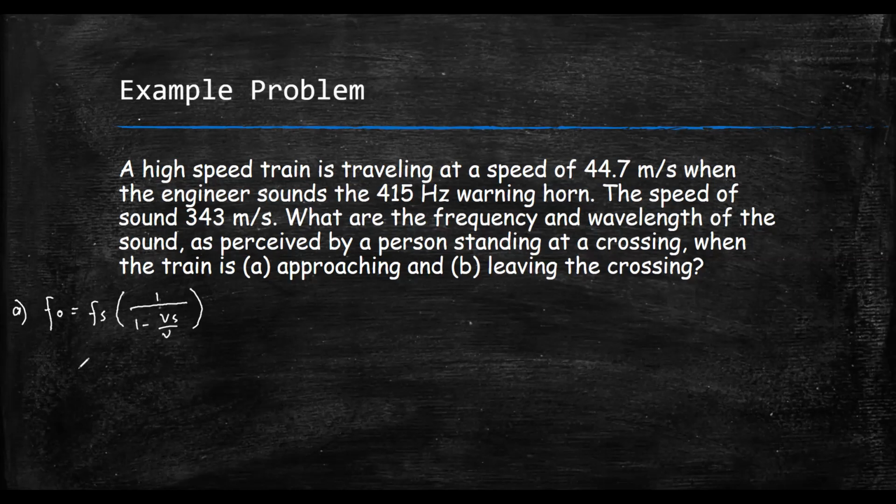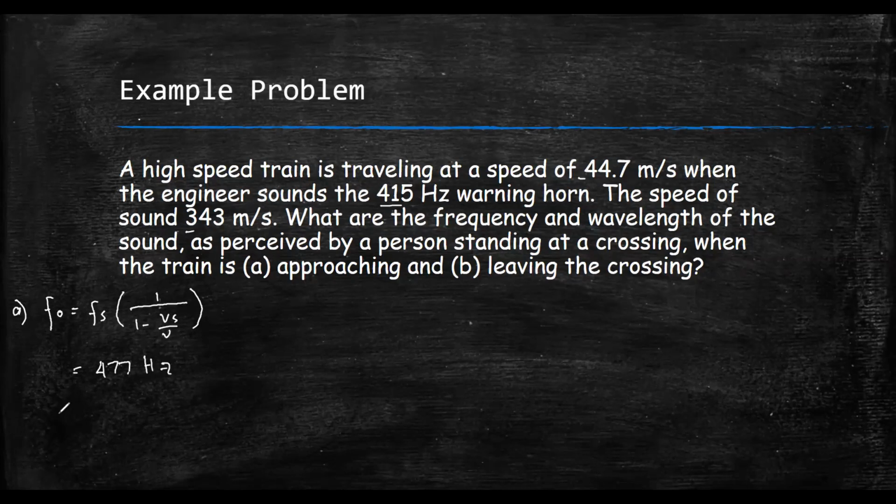So substituting the value of Fs, which is 415 Hertz, and Vs is the speed of the train, which is 44.7, and V is the speed of the sound, which is 343, we can solve for Fo, which is equal to 477 Hertz.